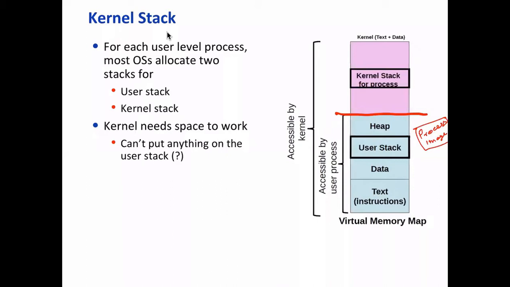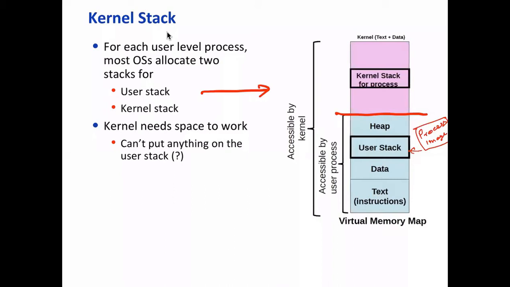We call this the process image. In that there is something called the user stack. We have seen that when we use function calls, one after another we have stack frames, where local variables are stored. We have studied this in great detail in previous lectures, and also last year. If you go through the slide set, you will find it.